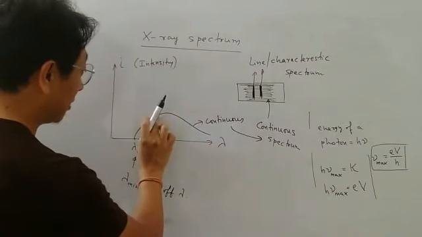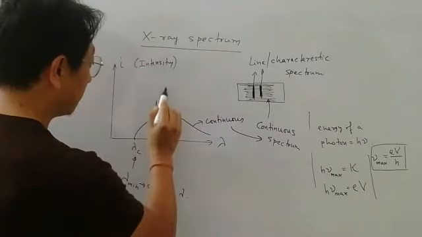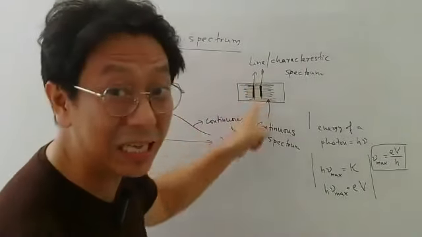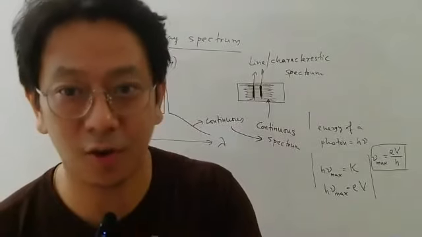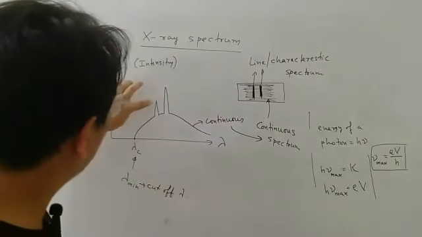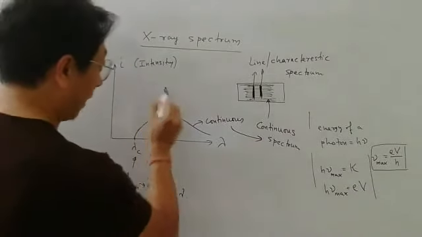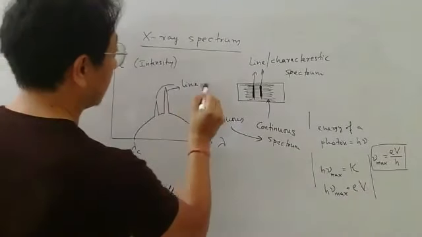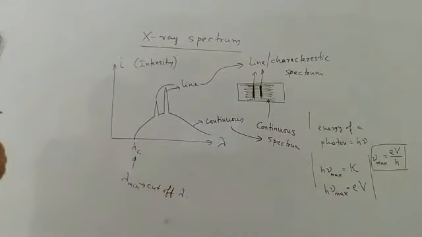And here, as I told you, there will be some peaks. These peaks represent what? These high intense regions where a lot of X-rays are falling. So these are your high intense X-rays, which are your line spectrum. Okay, so people don't show it this way, they show it another way.